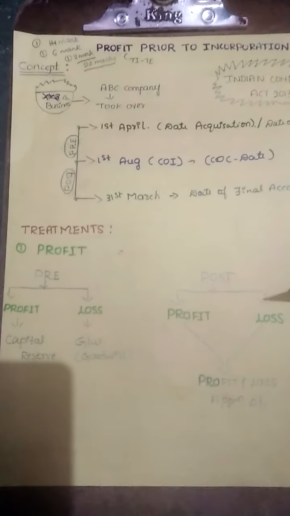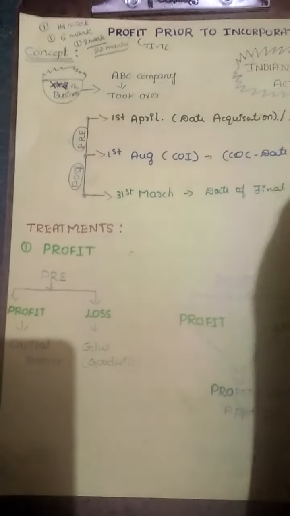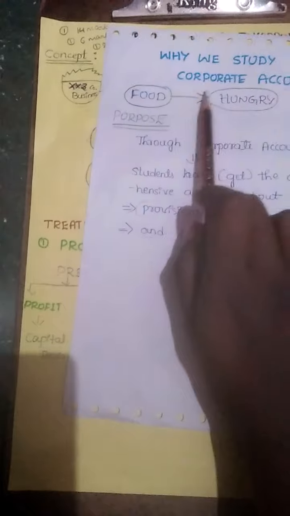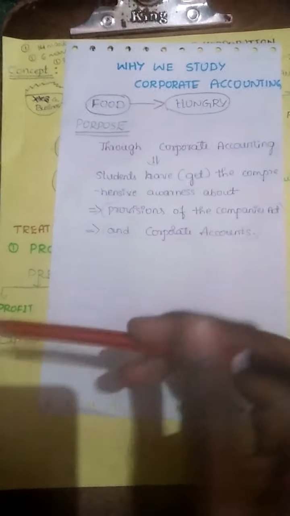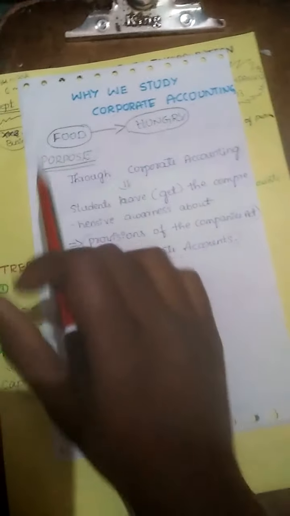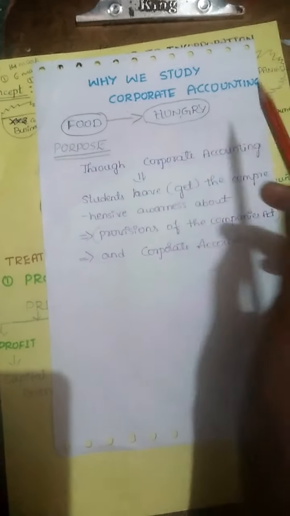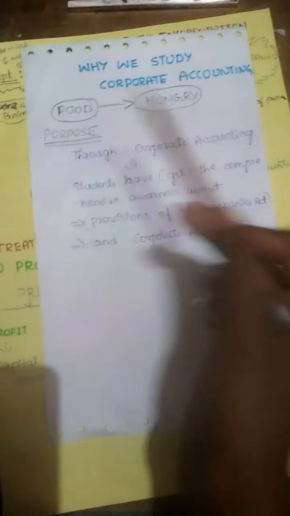This is Commerce Friendly YouTube channel, and in this session we are going to understand the concept of profit prior to incorporation. Before going into this chapter, we have to understand why we study corporate accounting. Everything has its purpose. For example, why do we eat food? We eat food for the purpose of hunger. Like that, corporate accounting also has its purpose.